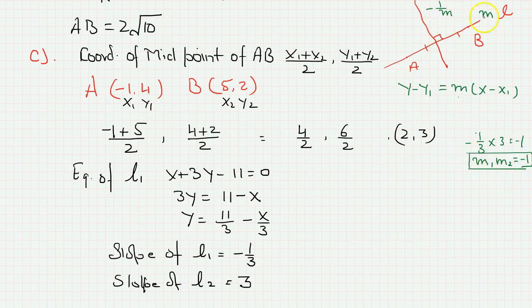So this is perpendicular. Now we know that the slope of line L2 is 3 and it is passing through 2, 3. This is the point 2, 3.